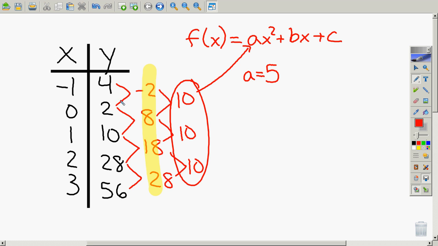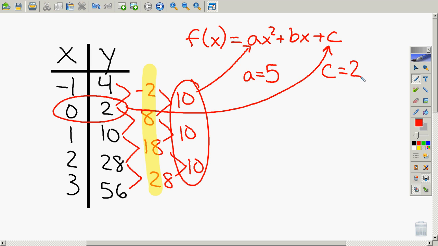It's the initial value, which is right here always next to 0. So our c is 2. The only thing we still have to find is this b. If we knew what b was, we could solve this problem.